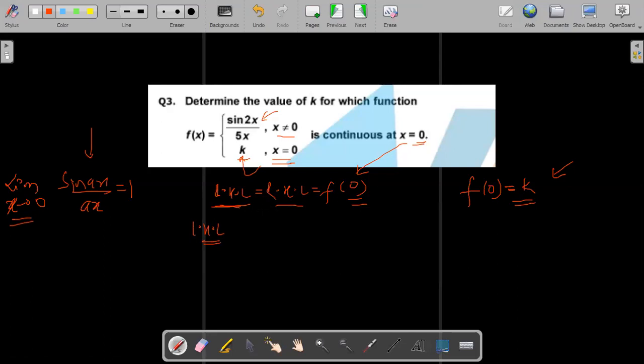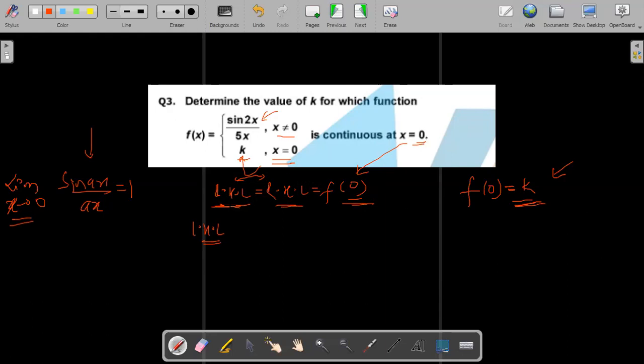As I told you in previous two questions, first we need to identify for x equals 0 whether they have given something or not. They have given k. So for f at 0, I have written k here. Now, if the function is continuous, we have to calculate LHL, RHL, and the value of k. But as the function is continuous, we will not calculate both the LHL and RHL. We will calculate only one.